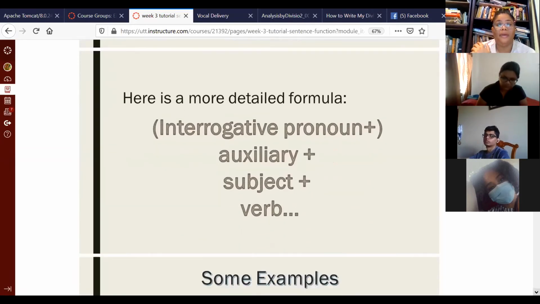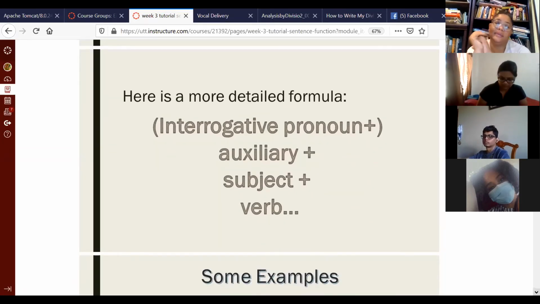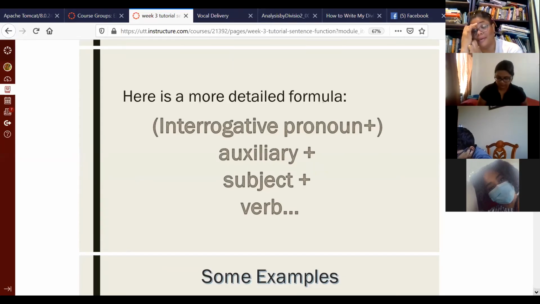Right? So the formula will look something like this. We might use an interrogative pronoun. Who did that? What was that? Why am I here? Plus the auxiliary verb, the subject, and the main verb.